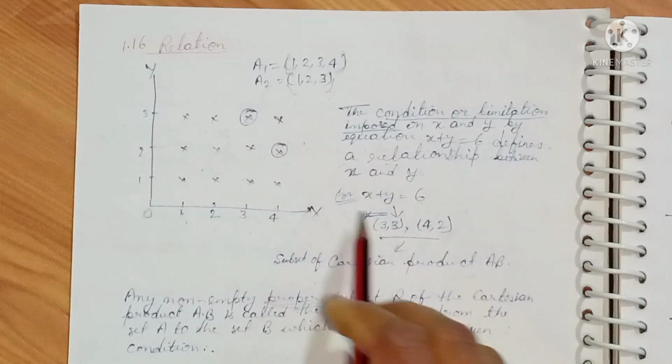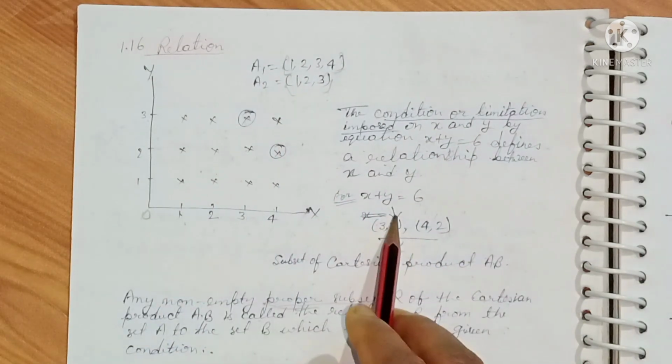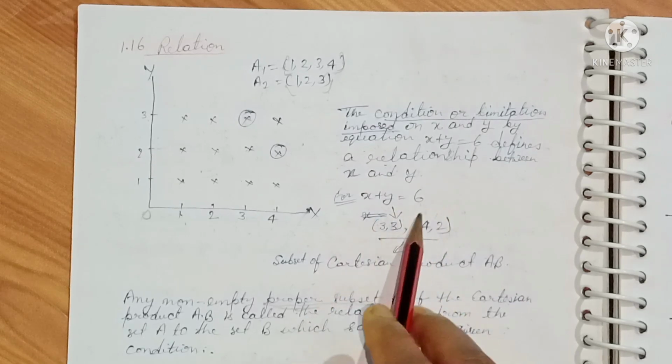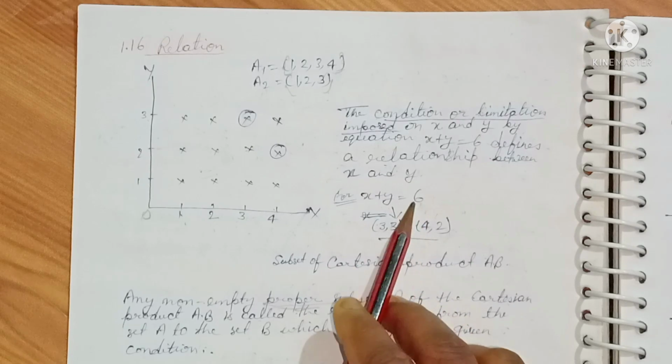So here in this case you can see the Cartesian product. This is the condition x plus y equals 6. So this is the condition or limitation imposed on the Cartesian product.